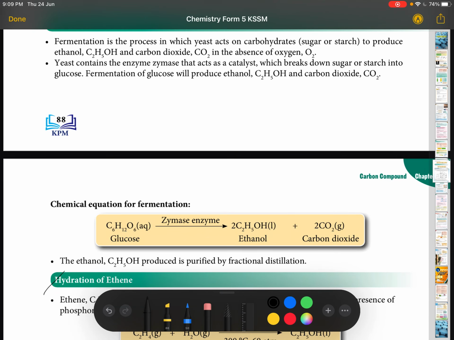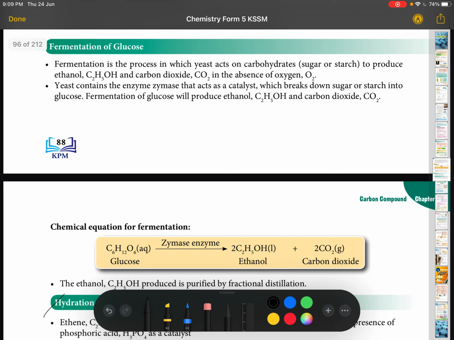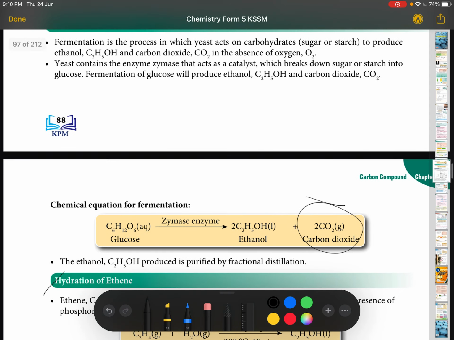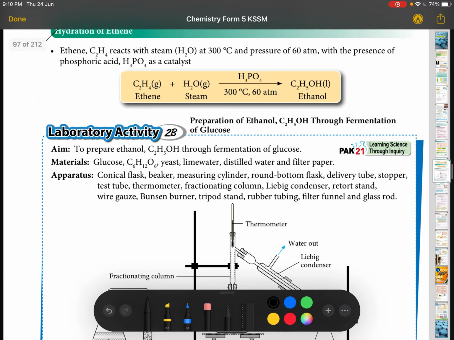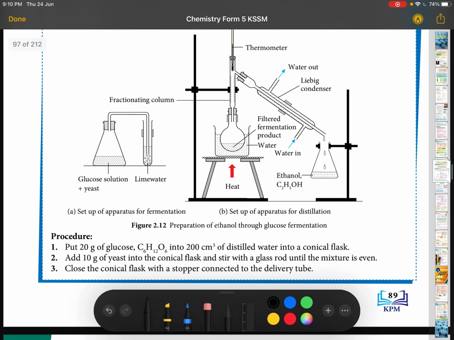So you normally see this in yeast. The reason why the yeast dough becomes very fluffy, like it expands, is because of this carbon dioxide gas. It pushes out the yeast.